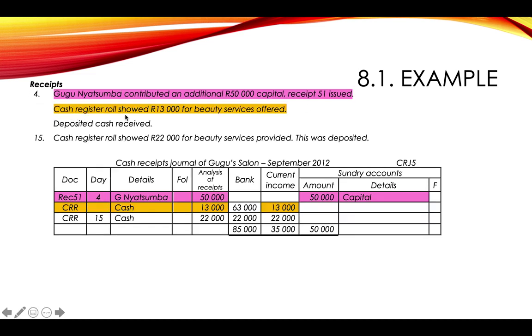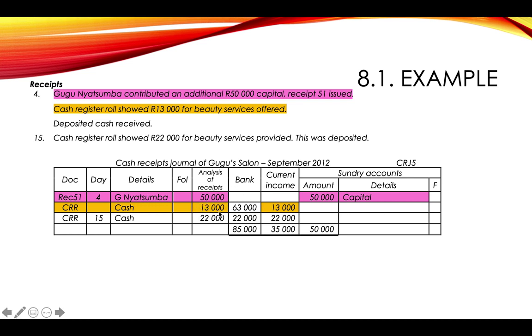The next transaction, which also happened on the 4th, was the cash register roll showed 13,000 Rand for beauty services offered. So my document is CRR. If they had given me a number for my cash register roll, I would include the number there. The details in this case, you can just put cash because you don't know all the different customers. So it's easier just to say cash.